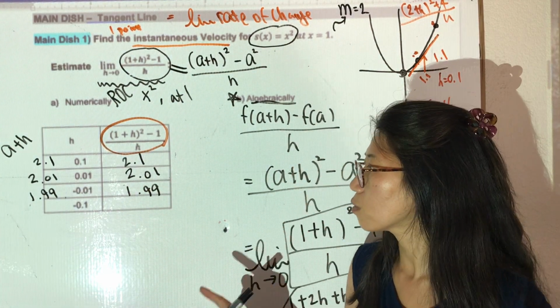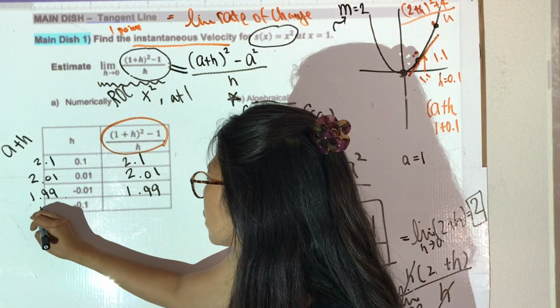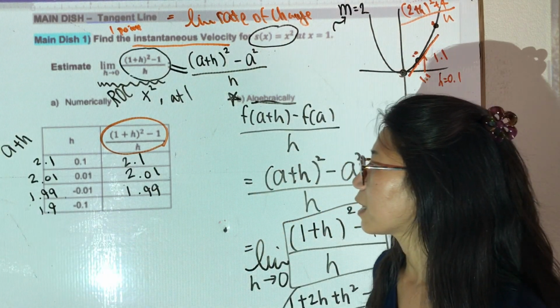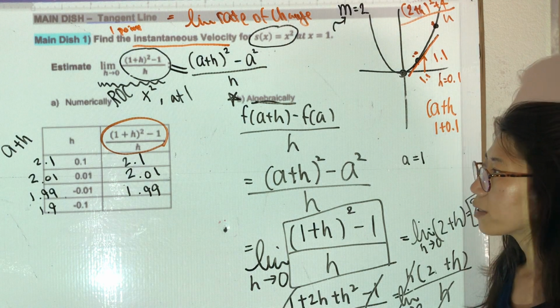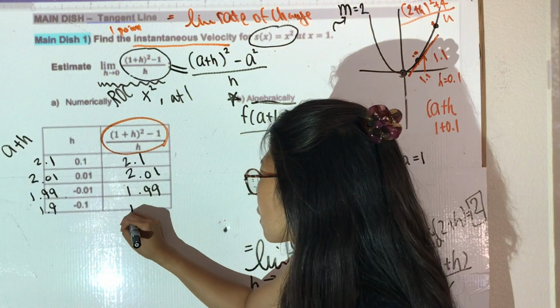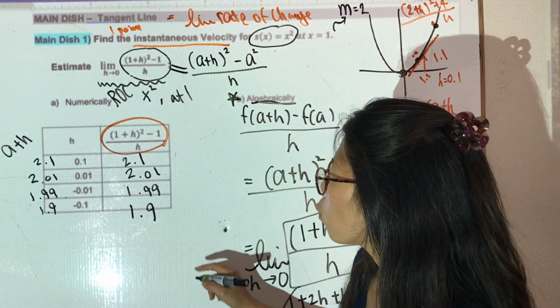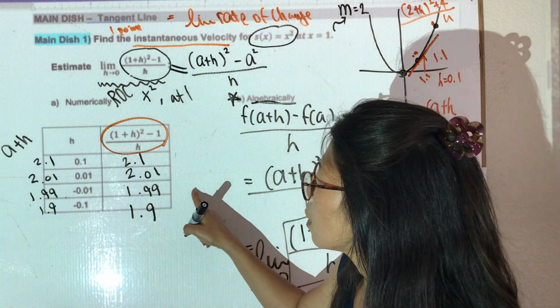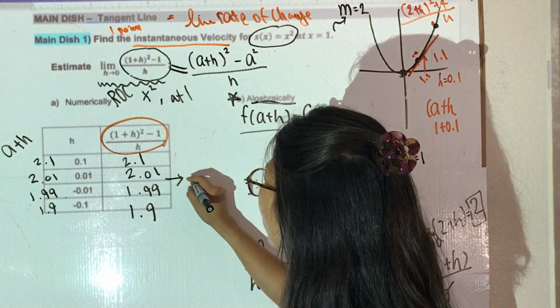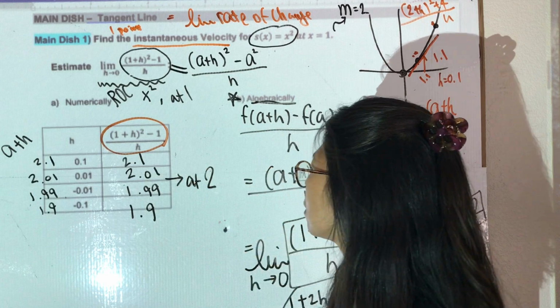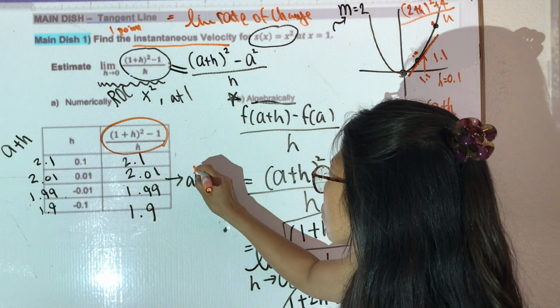I did plug it in, and this means 1.9 as my x value. Then what is the slope at that time? I get 1.9. So with your observation, what is the slope at 2? Slope at x is 2.